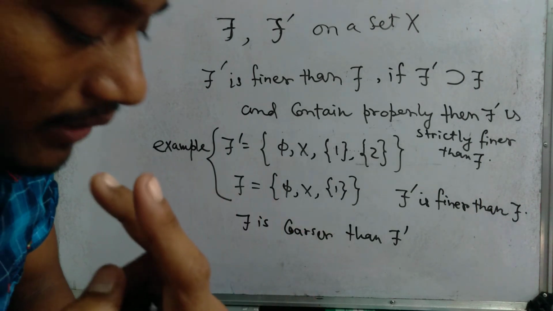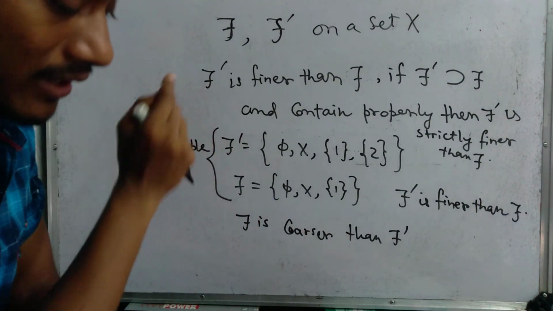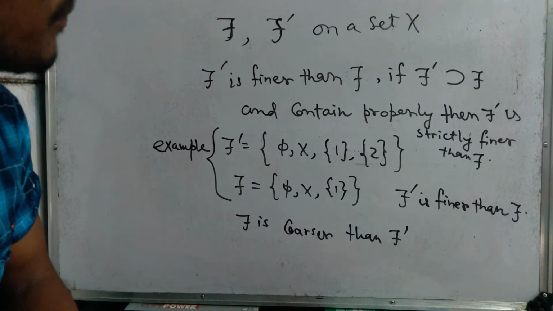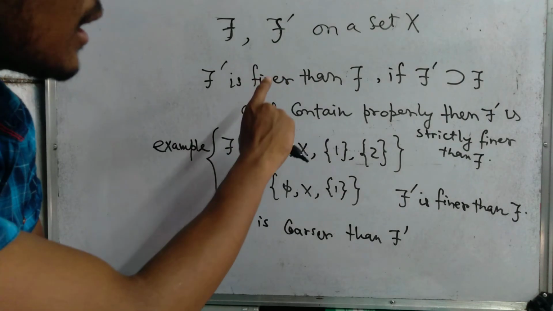That means when we compare these two topologies, tau and tau dash, tau is comparable with tau dash, either finer or coarser.